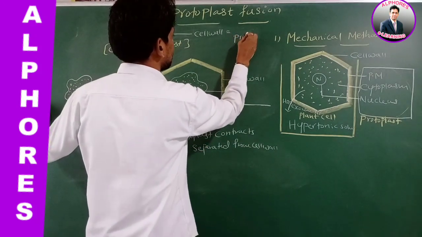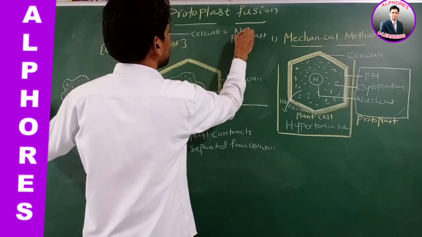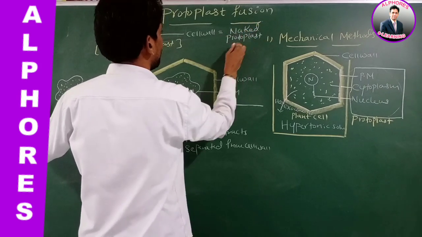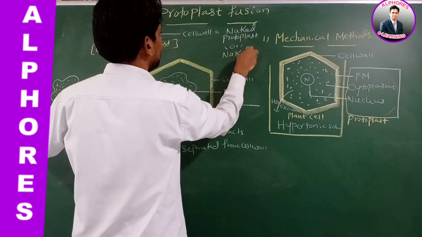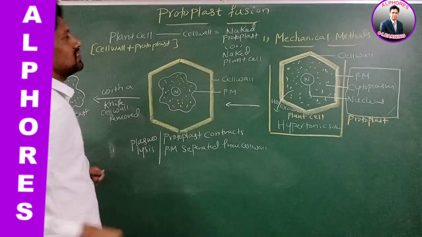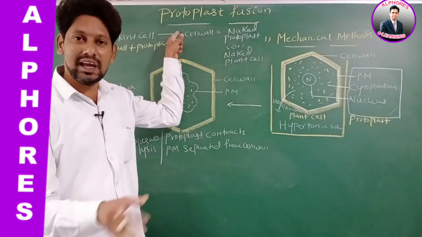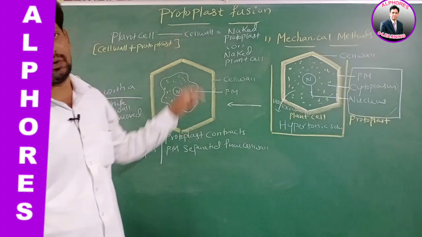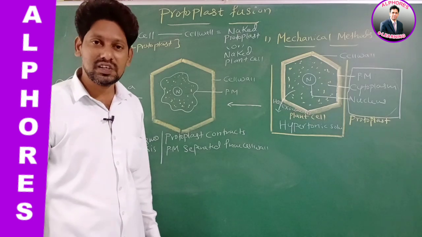Protoplast is left. We are calling this protoplast a naked protoplast or naked plant cell. Is this statement okay? Therefore, when a plant cell is naked, if cell wall is removed, who is naked? Plant cell is naked if cell wall is removed.